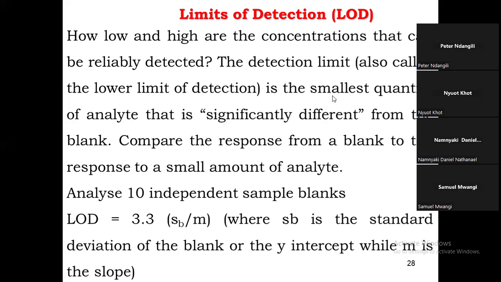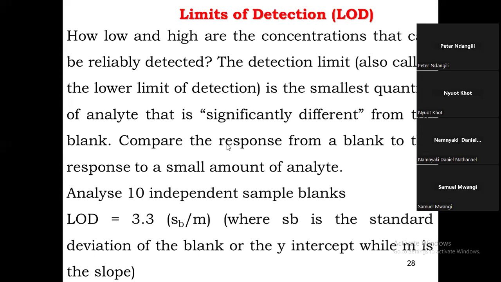And we define it as the smallest quantity of analyte that is significantly different from the blank. Remember, the blank is the analytical solution that doesn't have any of your target analyte. So here you need to compare the response from your blank to the response of a small amount of your analyte. And I said that you carry out 10 measurements.